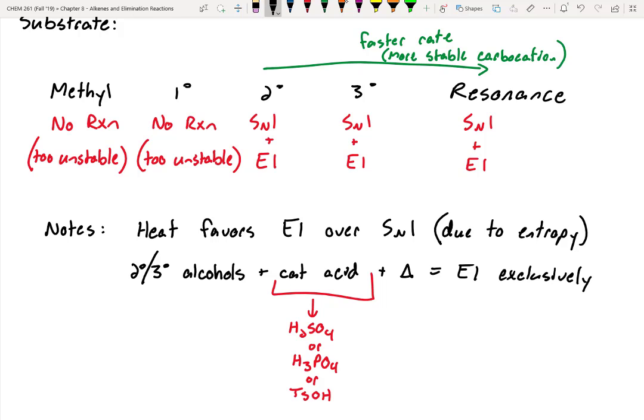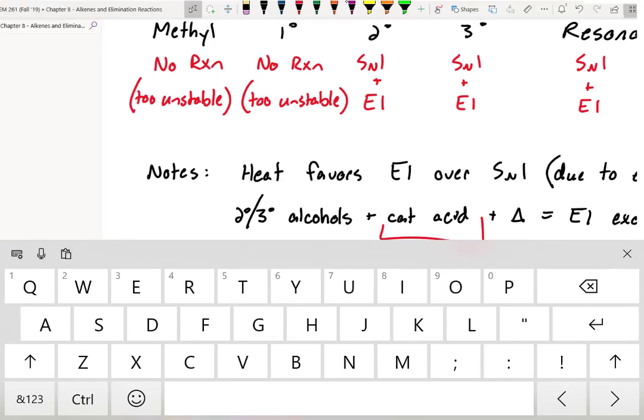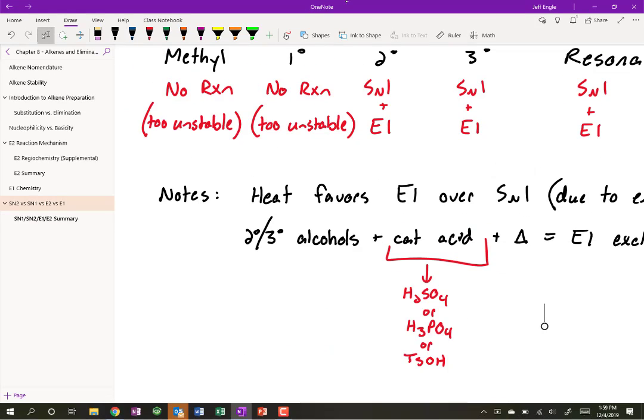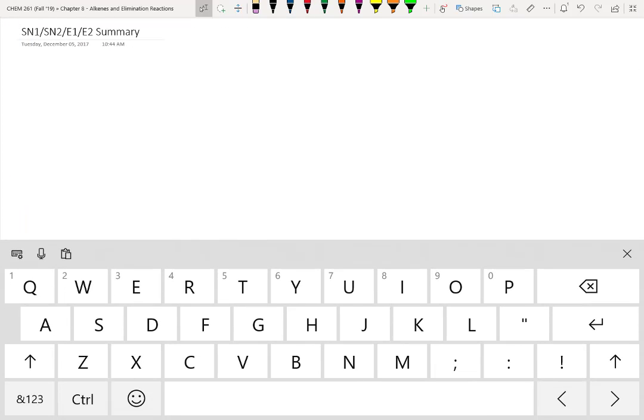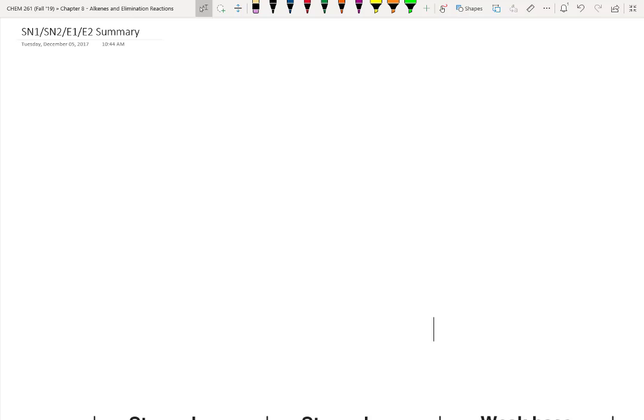So let's really quickly summarize what we've covered. So the question was, is there any way to get SN1 exclusively? Not that I know of. You'll typically get an E1 SN1 mixture. What is the purpose for wanting to have E1 exclusive when you're going to make the same product?